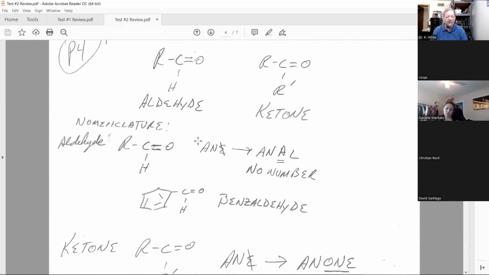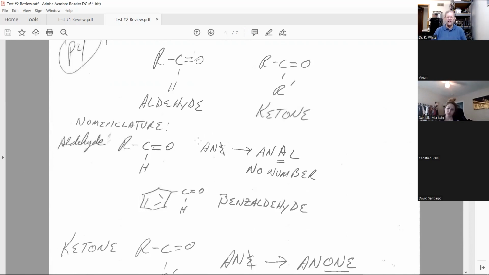Now, nomenclature for aldehydes. Find the longest chain that has the carbonyl carbon, carbon double bond to oxygen, and name it as an alkane. Drop the E, add AL.